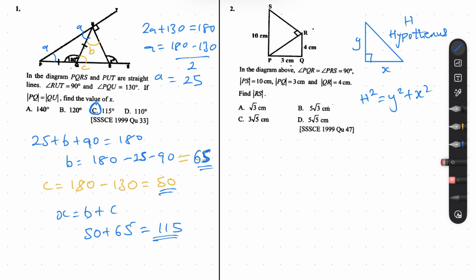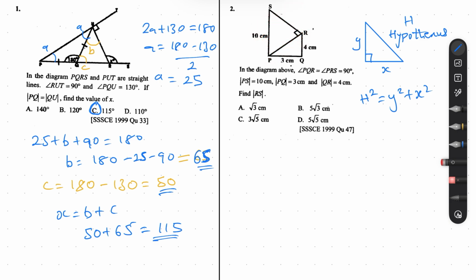So that means we have two right-angled triangles. The hypotenuse of the first one, PQR, is one of the other sides of the other right-angled triangle.